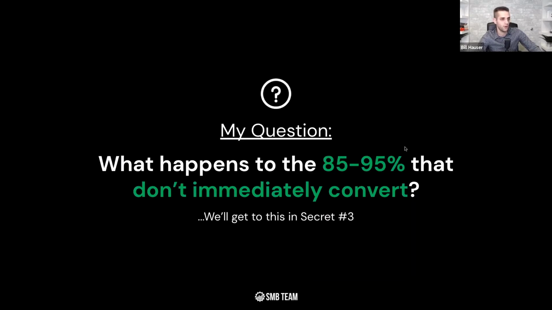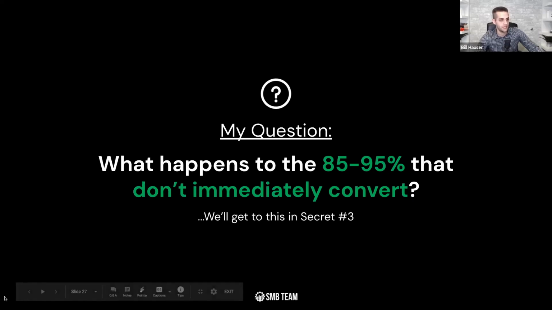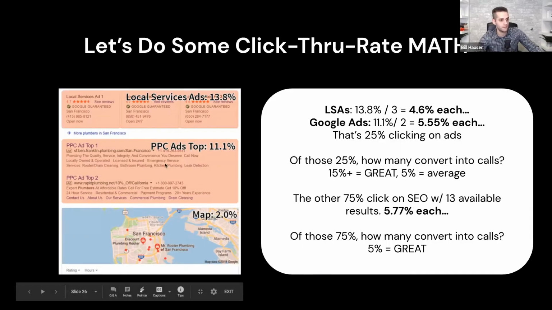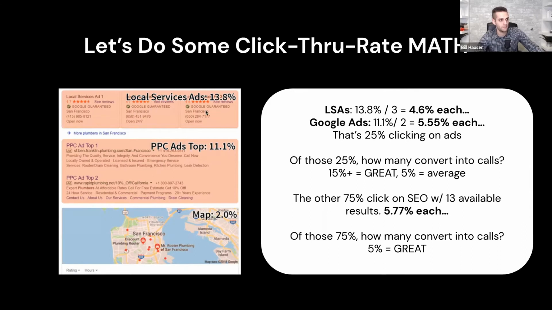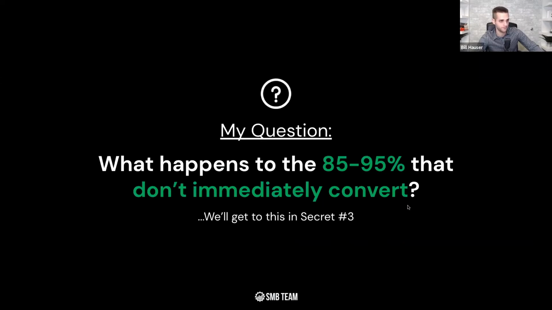What usually happens is that through these ads up here, around 25% of all the page one clicks come from these two sections. So the question is, what happens to the other 75% plus of clicks that don't convert? Well, we'll get to that in secret 3 with our YouTube strategy.